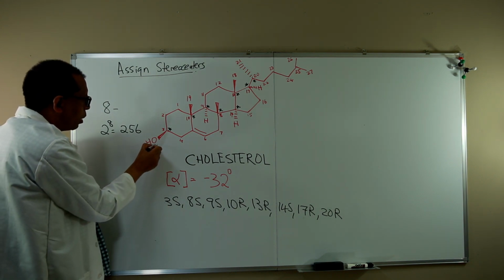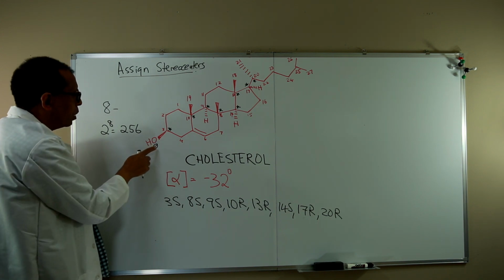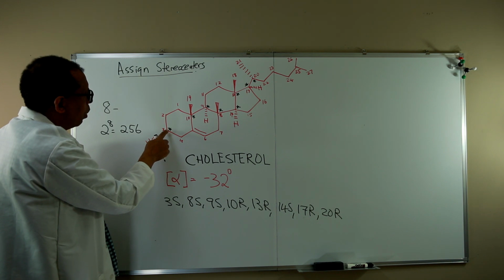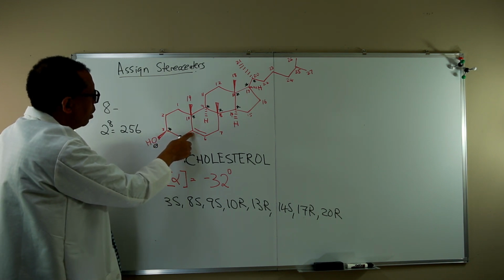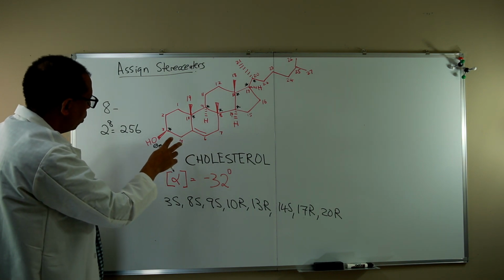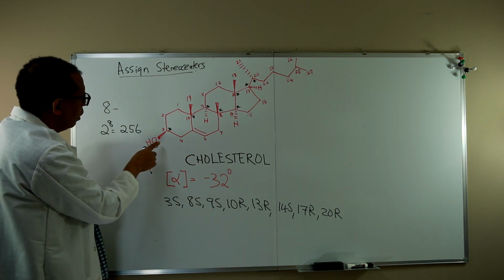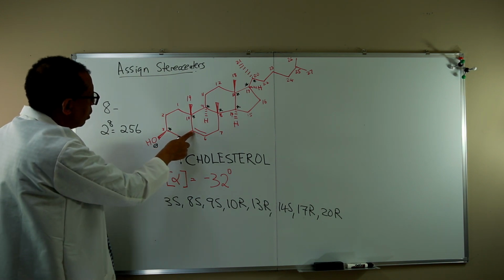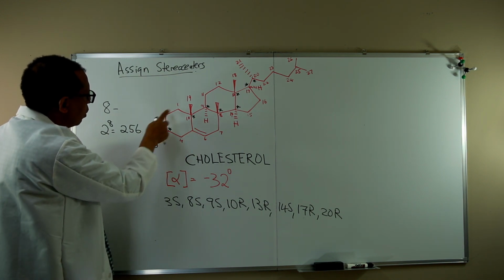For example, if I were just to pick 3 as S, the way it was done is, this is priority 1, obviously. Priority 2 would be going this way or going that way. So it depends which way we should go. This is the same carbon, but here you go to this one.